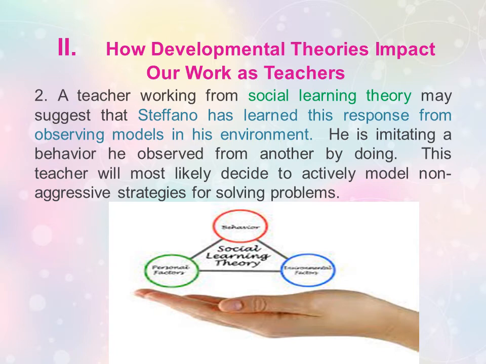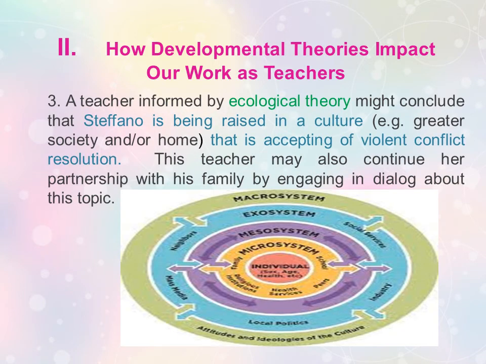So, social learning theory, we have here the personal factors, behavior, and environmental factors. The social learning theory states that people learn from one another via observation, imitation, and modeling.